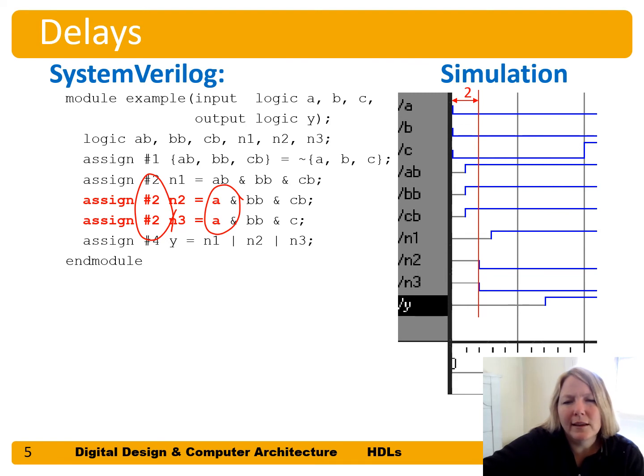And so we can see that in fact N2 and N3 changed. Because it was an AND relationship, we had 0 and something, right? Because A transitioned to 0, in an AND relationship here, 0 and something, 0 and something. So the simulation tool could evaluate that and say, well, it doesn't matter what those other things are. That would force our outputs, our N2 and N3 values, to 0.